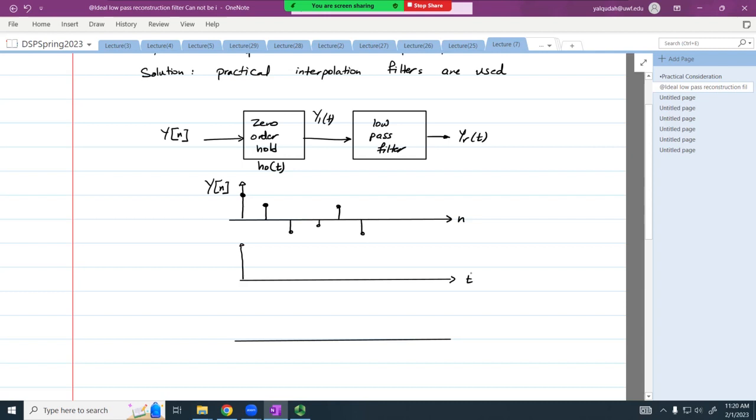What that is going to do is take each one of these pulses and hold it like this. The second sample is going to be held like this. The third will be held like this. The fourth held like this.